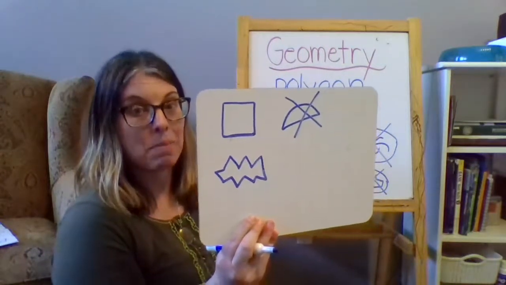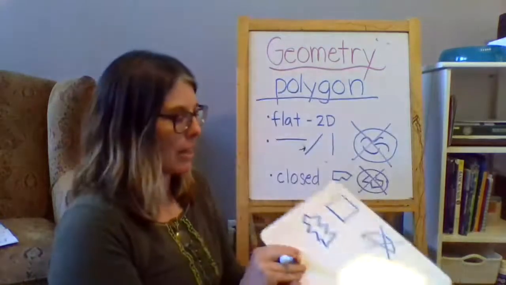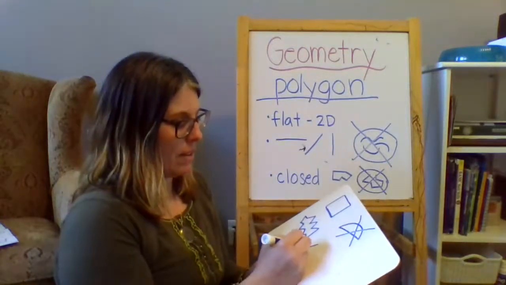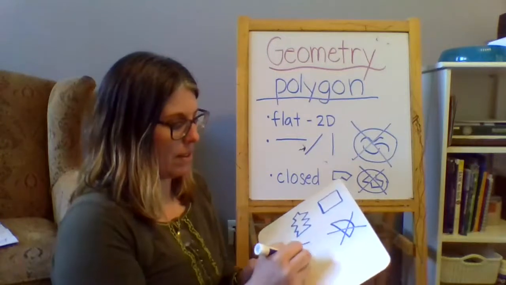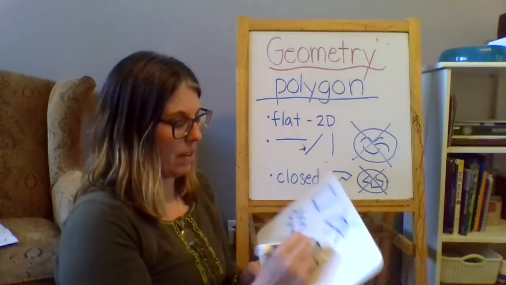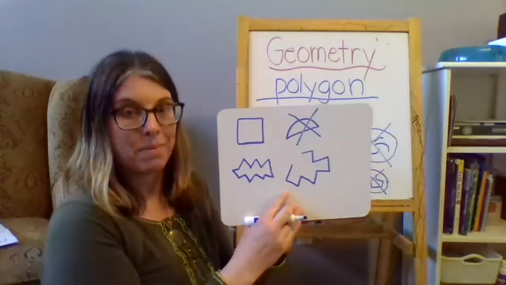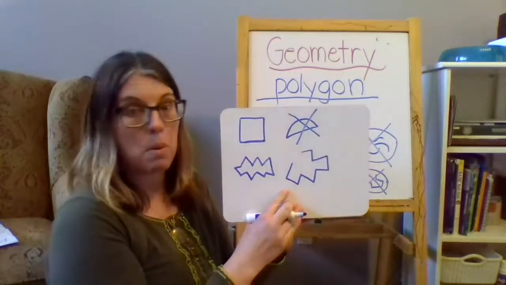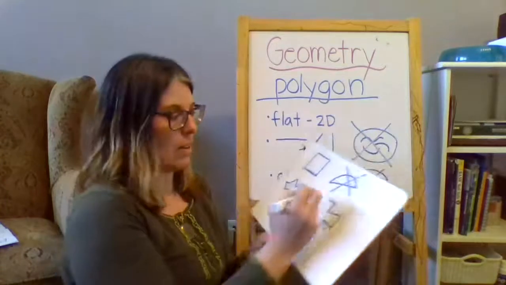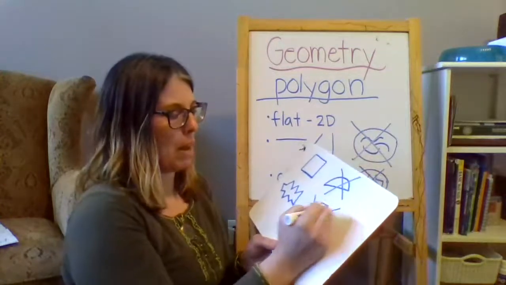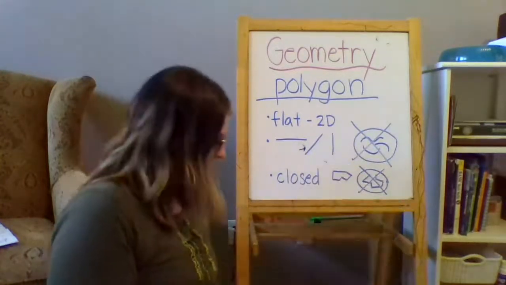Is it closed? It's a polygon. Is it flat? Does it have straight lines? Is it closed? No. Can it be a polygon? No. No polygon. Okay, I think you get the idea.